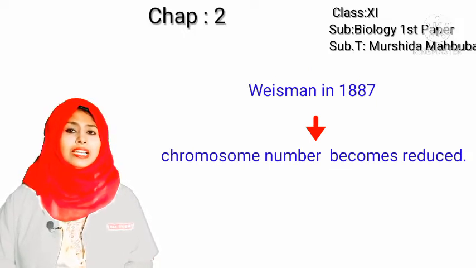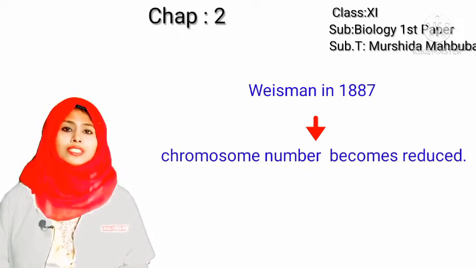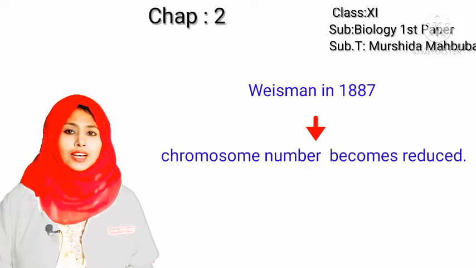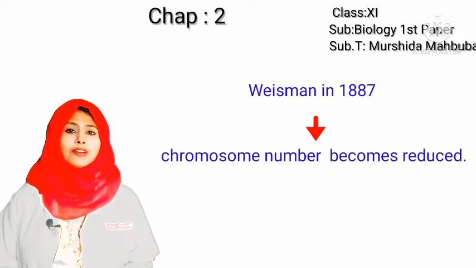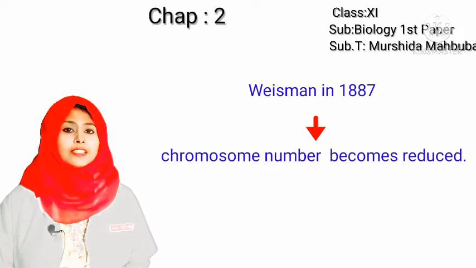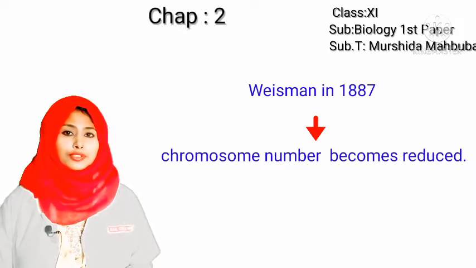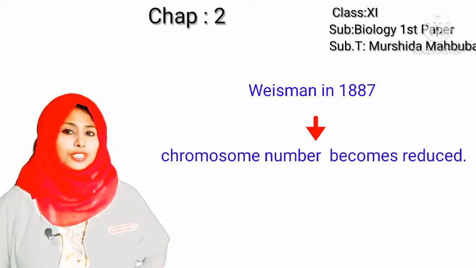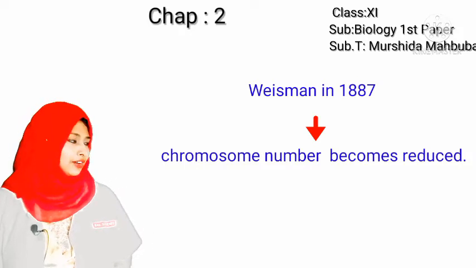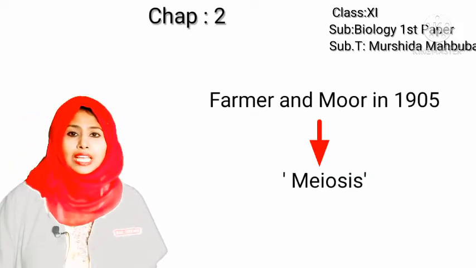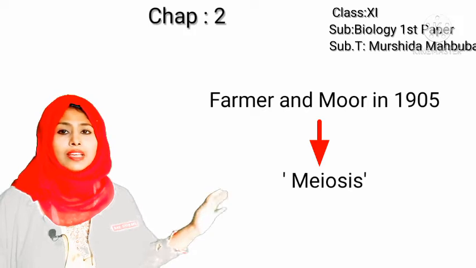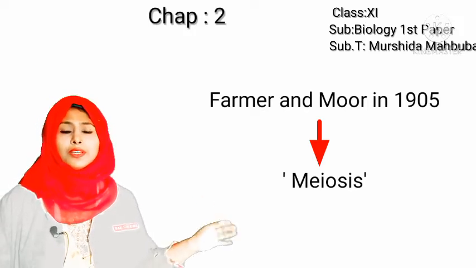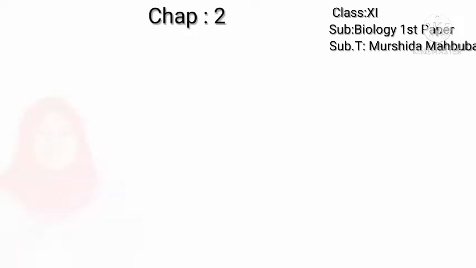Weismann in 1887 was first to point out that the chromosome number of reproductive cells becomes reduced during their formation. Later on, Farmer and Moore in 1905 named it meiosis cell division.